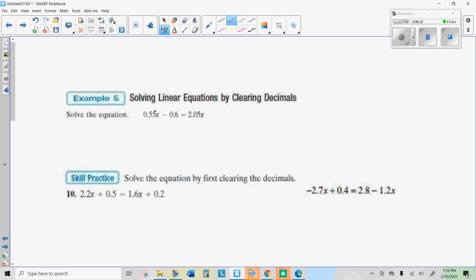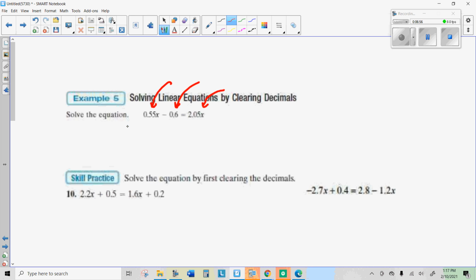You actually can treat it kind of like they're fractions and multiply by the common denominator. So just think about this: this is 55/100ths, this is 6/10ths, and this is 2 5/100ths. We heard that hundredths twice there.